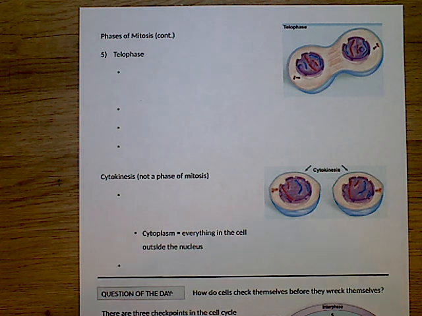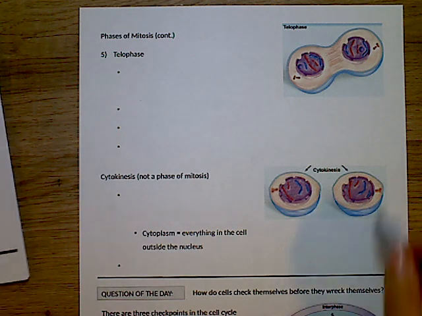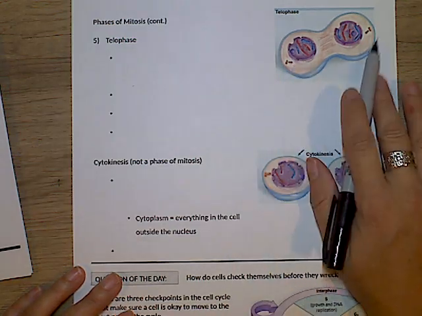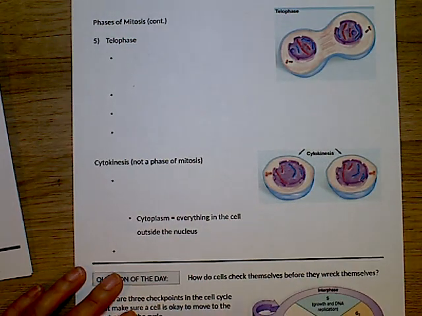Okay, the last phase of mitosis is telophase. And as you see in the picture, this is when the chromosomes arrive at opposite poles or sides of the cell.